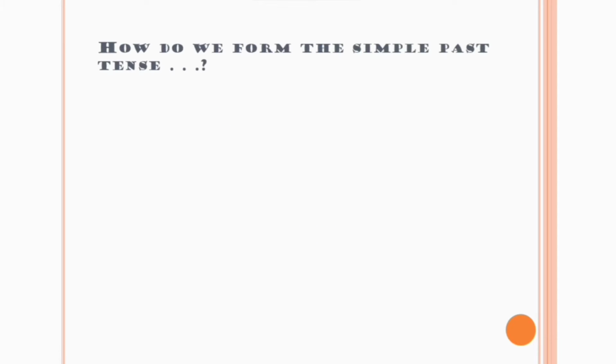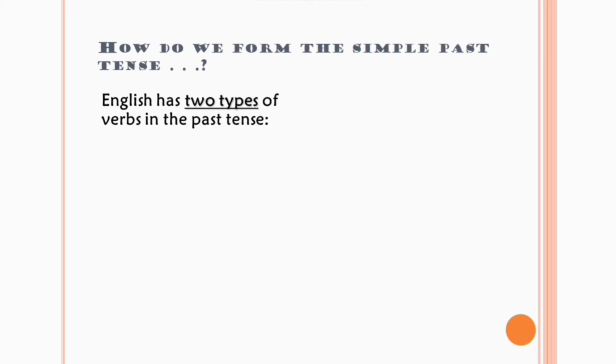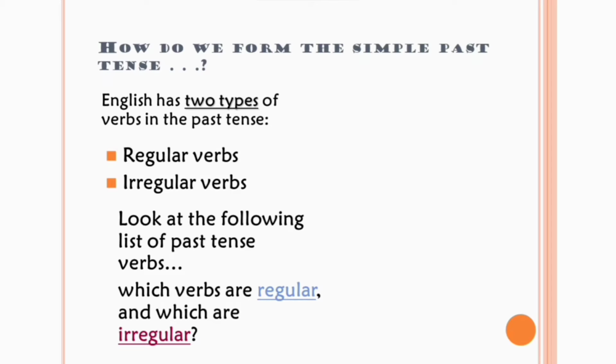How do we form the simple past tense? English has two types of verbs in the past tense: regular verbs and the irregular ones. Look at the following list of the past tense verbs. Which verbs are regular and which are irregular?